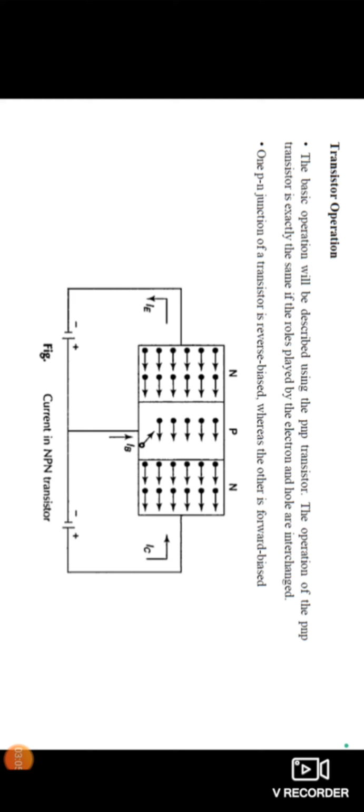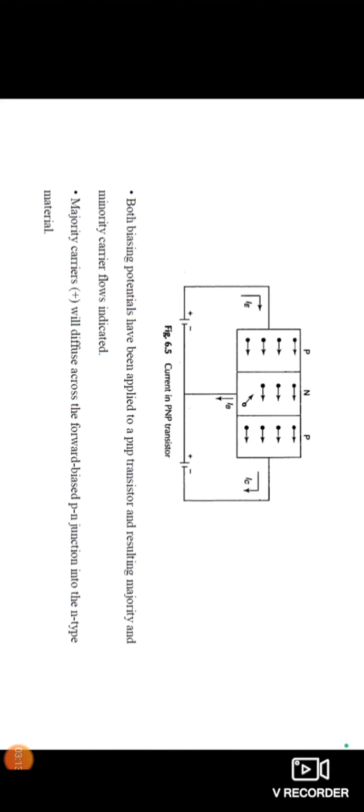Transistor operation. Let us see the transistor operation of the transistor; the operation is exactly the same if the roles of electrons and holes are interchanged. Here you can see one diode is forward biased and one is reverse biased. When both biasing potentials have been applied to the PNP transistor, the resulting majority and minority carriers flow as indicated. The majority carriers, that is positive, will diffuse across the forward biased PN junction into the N-type material.